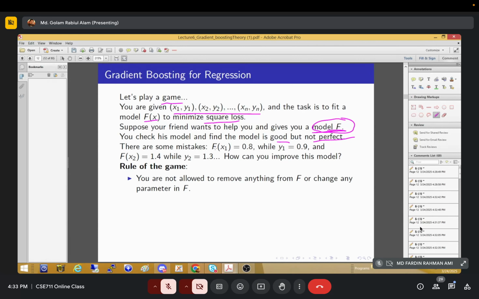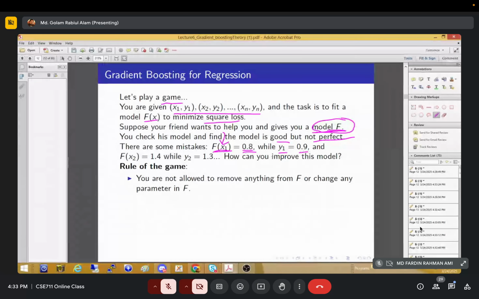For example, in f of x there are some mistakes. Like f of x1 is 0.8. That means the provided model predicts, if we input the feature values of x1, the prediction result is 0.8. But originally y1 is 0.9.